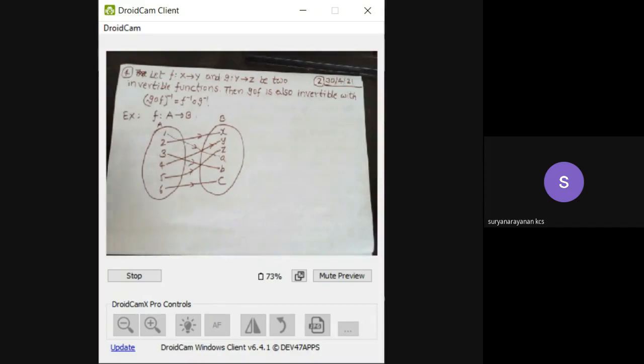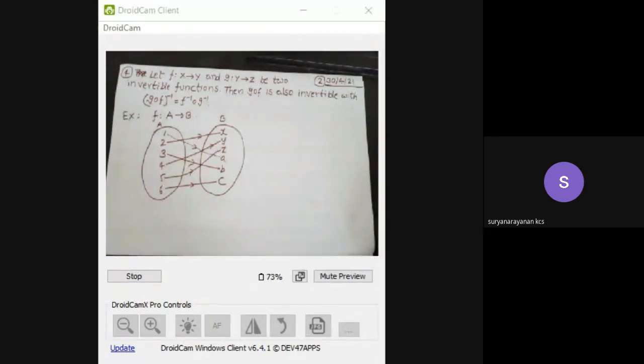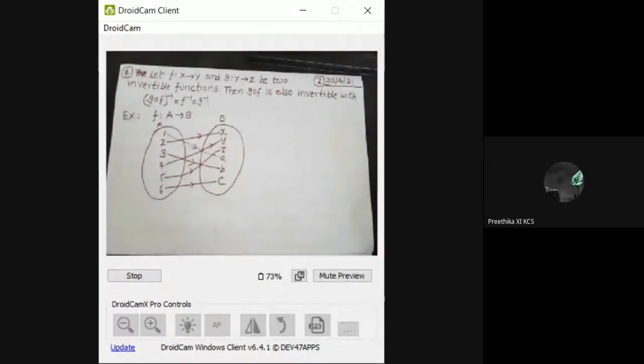By observing this arrow diagram, which type of function is this? Onto function, sir. Only onto? Is it not one-one, Preetika? No, sir.